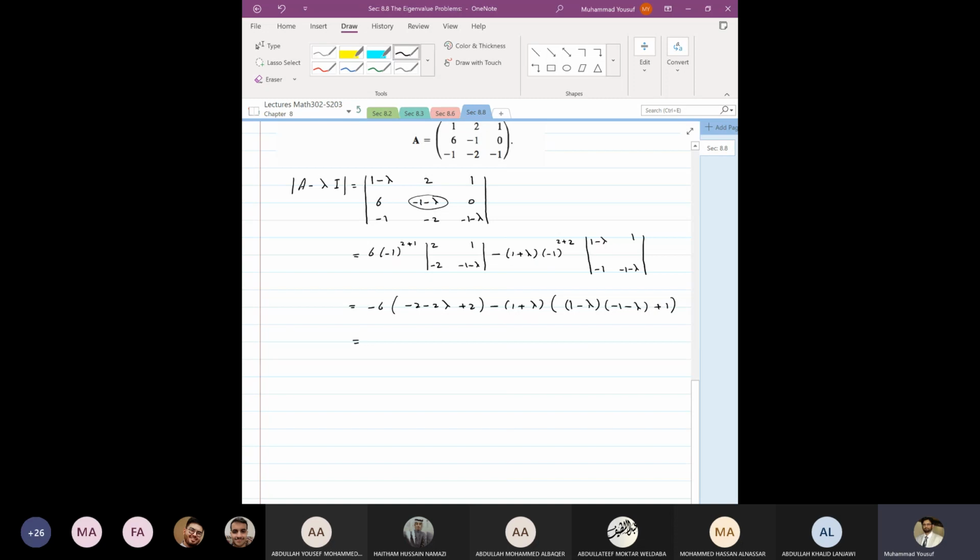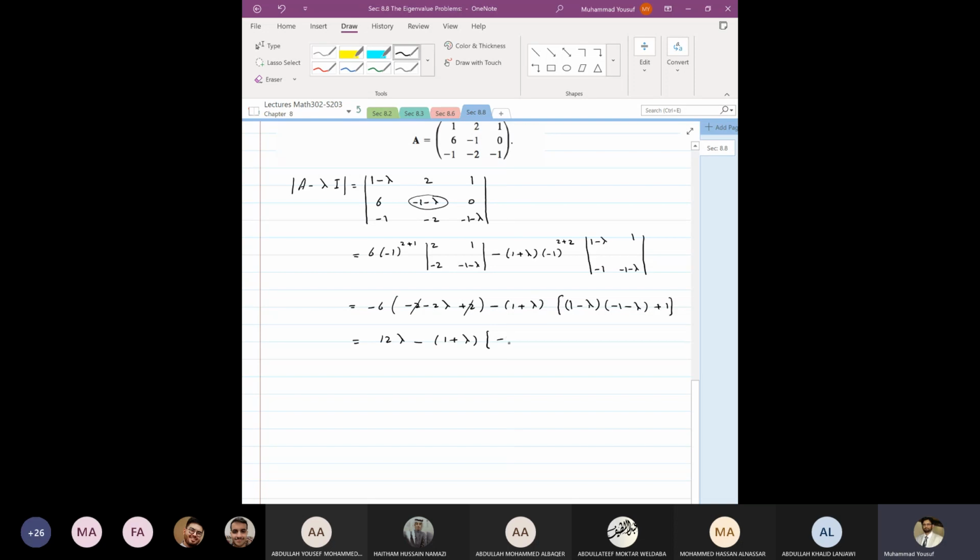So from the first part, minus 2 and plus 2 cancel, and we have 12 lambda minus bracket 1 plus lambda, and inside let me put a square bracket to make it look different from the other bracket.